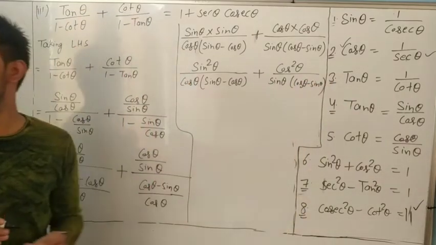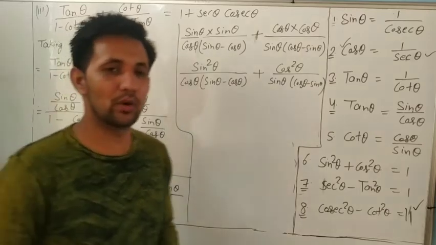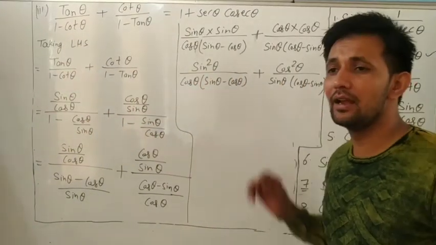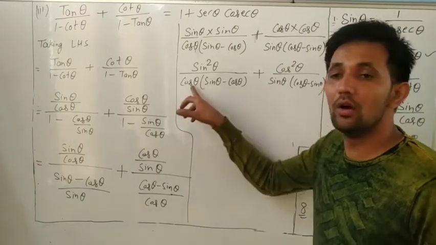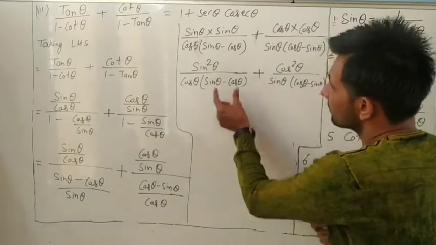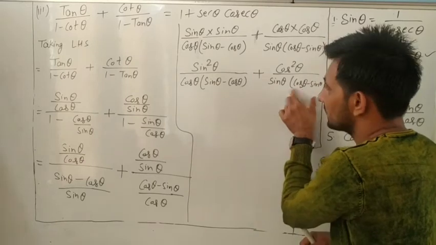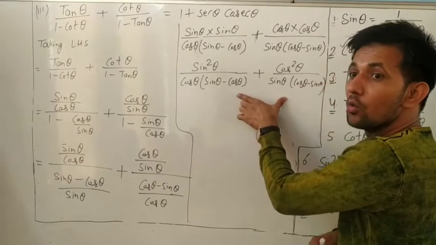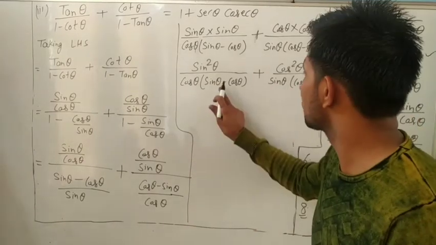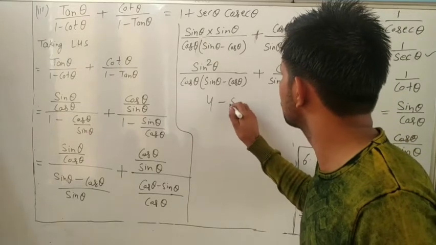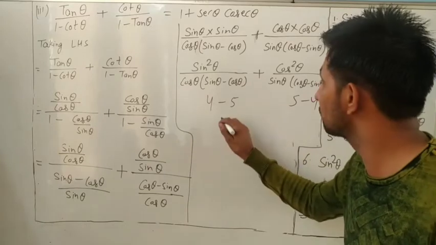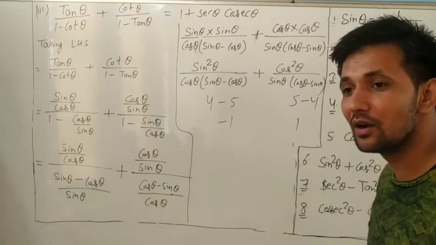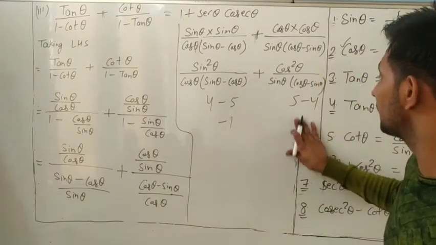Again these two are fractions. How to add fractions? By taking LCM. The LCM is sin theta into cos theta, but sin theta minus cos theta and cos theta minus sin theta, are both the same? No. It is like 4 minus 5 and 5 minus 4: 4 minus 5 is minus 1, and 5 minus 4 is 1. They are different.